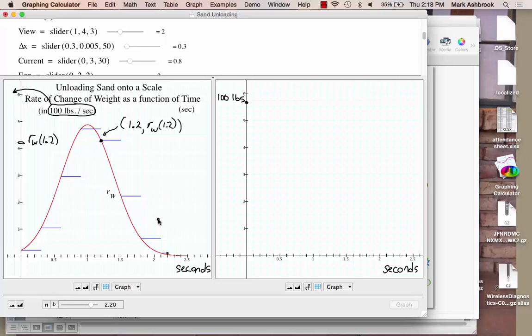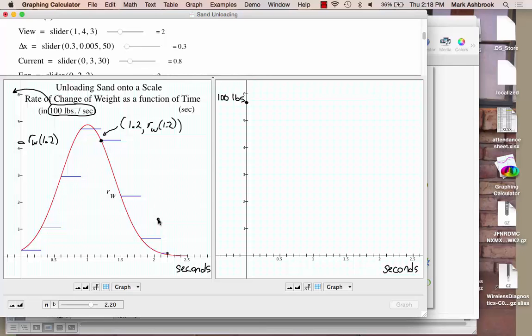Because when you initially dump the sand, it's not all going to come out right away. It's going to start coming out, and then about halfway through, the bulk of it is going to fall out, and at the end, less and less. So the rate at the beginning will be a low rate because sand will just be trickling off the bed.